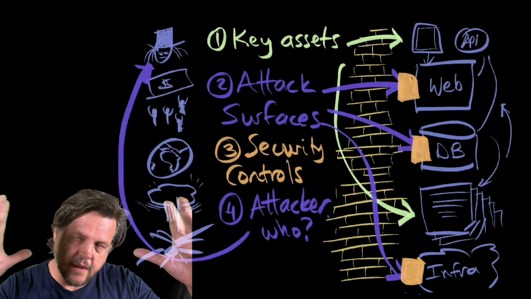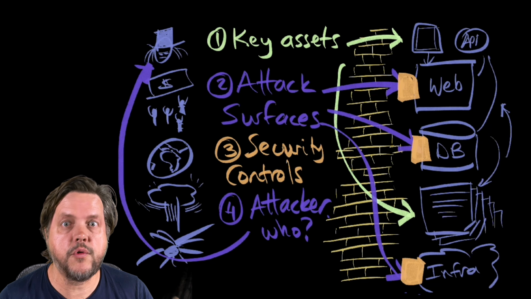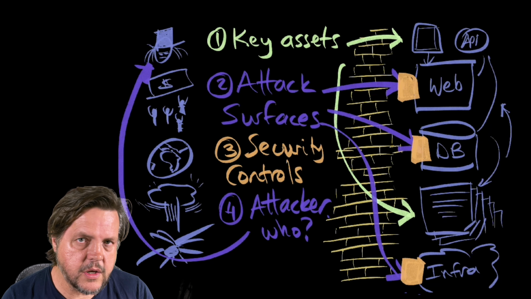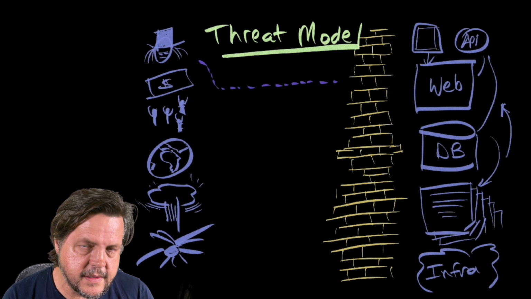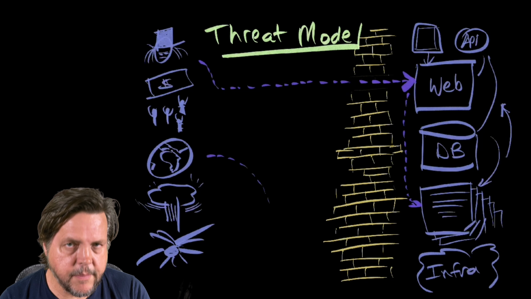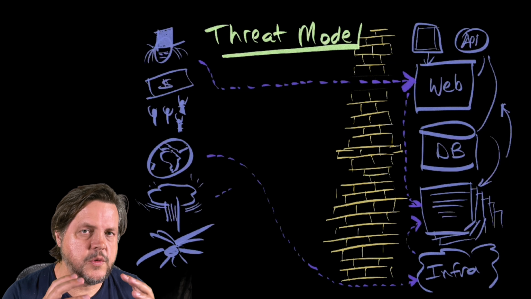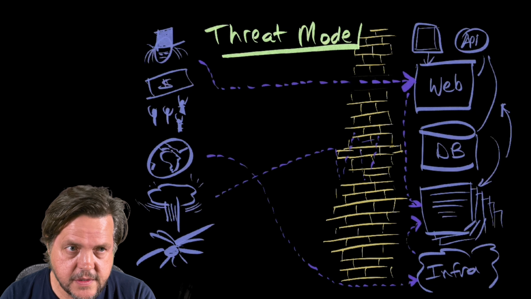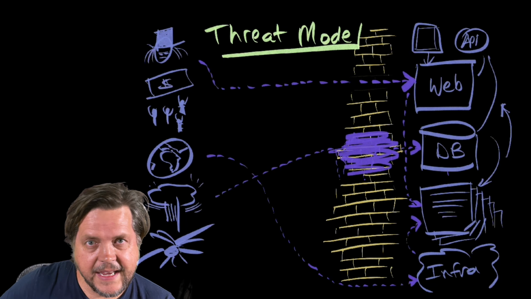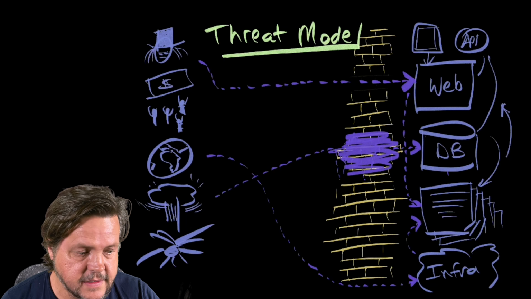Once you have these questions answered and you have your threat model, we will then start looking at potential ways in which this attacker could bypass your security control to potentially attack a surface and then get into your assets.